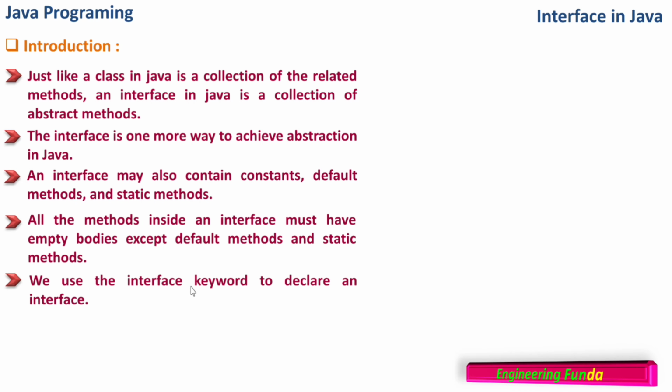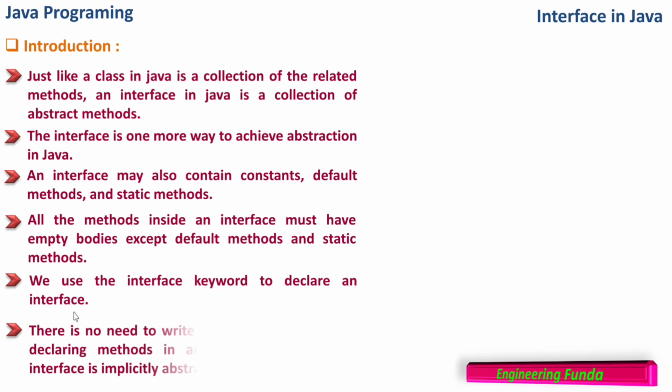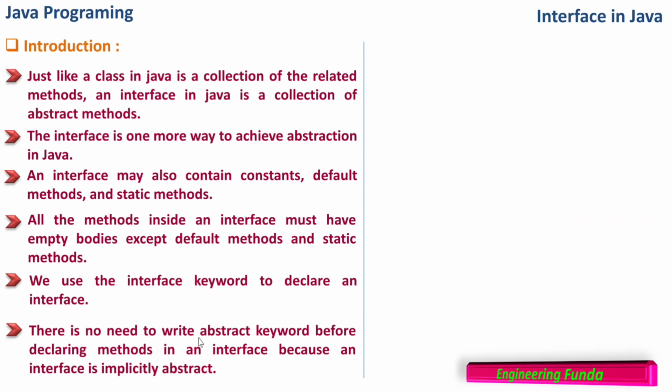We use the interface keyword to declare an interface. There is no need to write the abstract keyword before declaring the methods in an interface, because an interface is implicitly abstract. Just as we have seen in the previous video, when we are declaring an abstract class and we have an abstract method inside the class, then we have to write the abstract keyword in front of it.